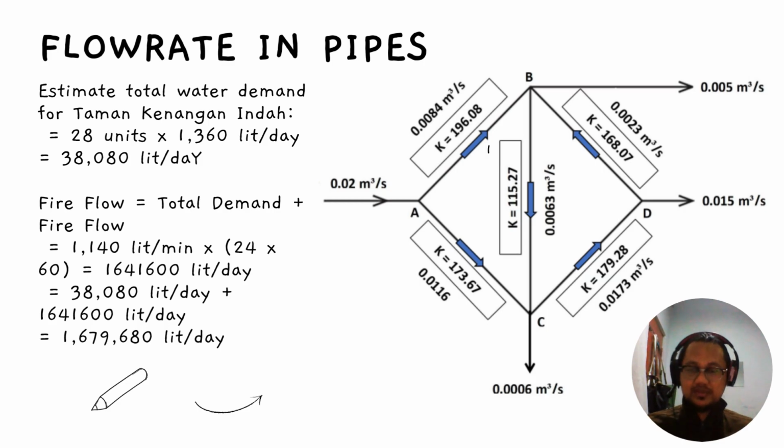After we multiply the two figures, we get 3,000 liters per day. And then we add the fire flow of 1,140 liters per minute, and then we get 1.6 million liters per day. After we complete the calculation, we consider all the requirements and the guidelines. As we can see in the figure on the right of the slide, this is the final result for the flow rate in each pipe that we get after we complete the calculations.